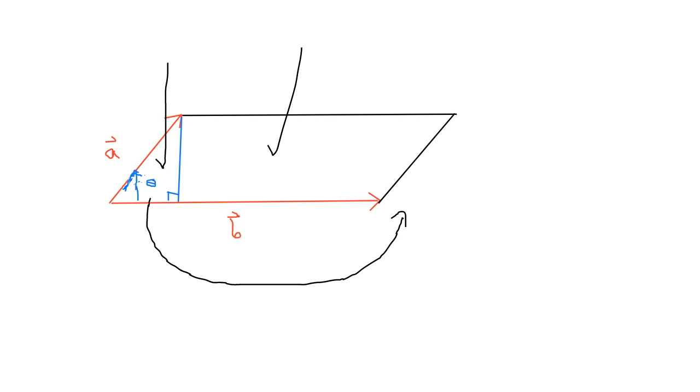If I were to move that triangle over there, then the area of the parallelogram could be represented by this length, which is the magnitude of the vector B, and this height.